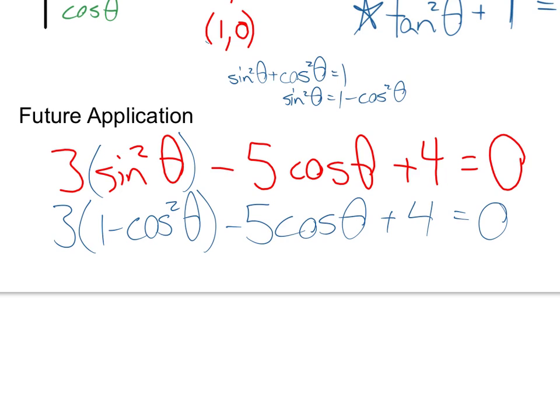Now everything's in terms of tangents. So depending on the equation and what trig functions are already there, this is why we're learning all these different identities, because there are going to be equations that you've got to use these identities with in order to solve them.